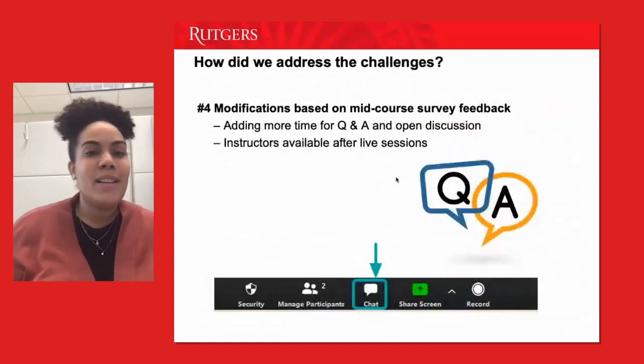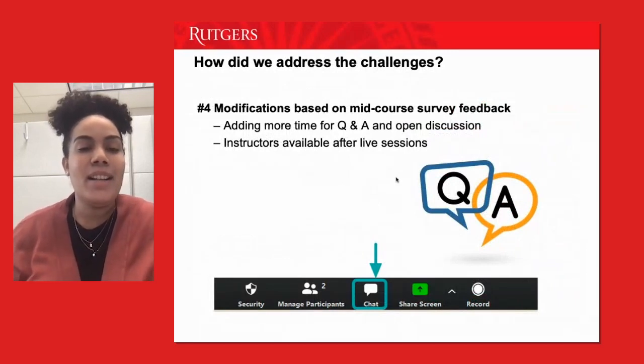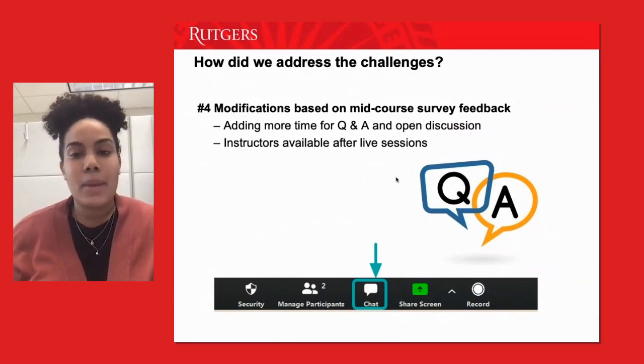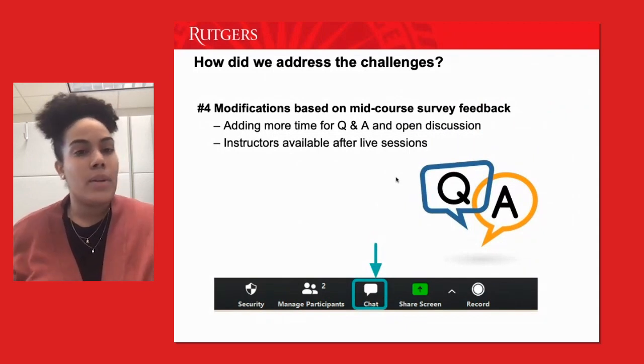So now moving on to more modifications for challenge number 4, we modified the plans that we had for each of the live sessions based on the changes with COVID-19 that would be taking place throughout the course. At this time, it was October of 2020. We were noticing that there were various trends that were fluctuating throughout the country. Some of our nurses were in Arizona, some of our nurses were in New Jersey.